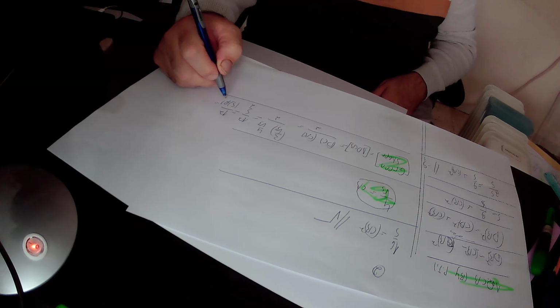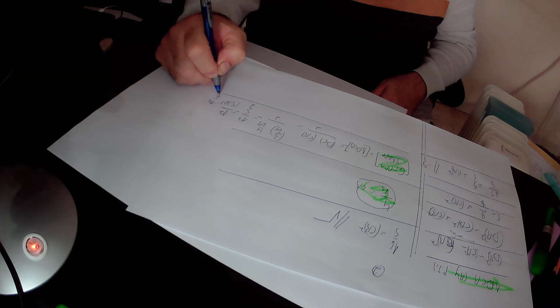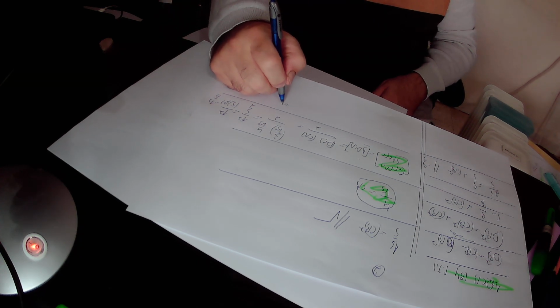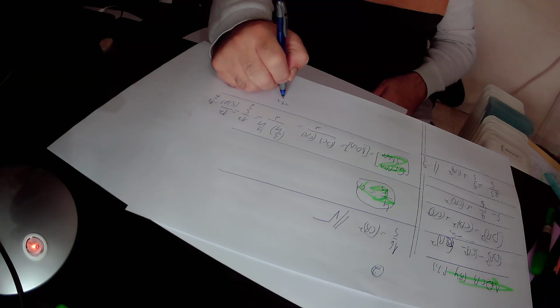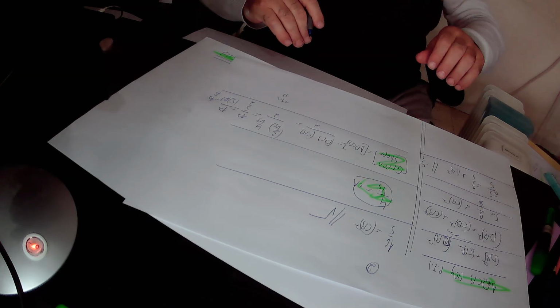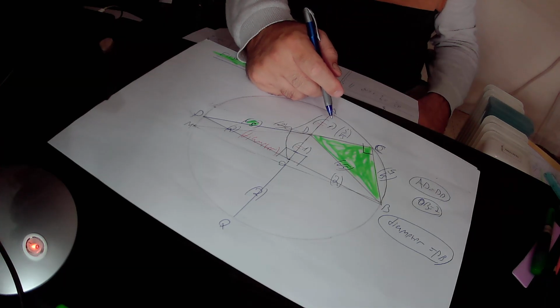So in total this expression equals 12 tenths. In terms of numbers, it equals 1.2. And again, the area of this green shape equals 1.2 square units.